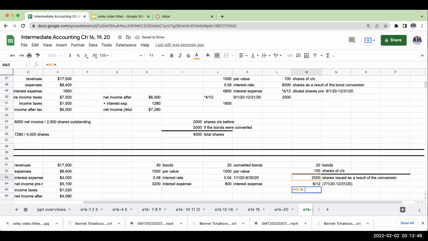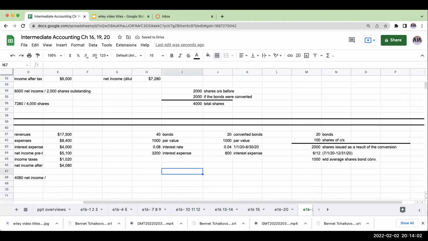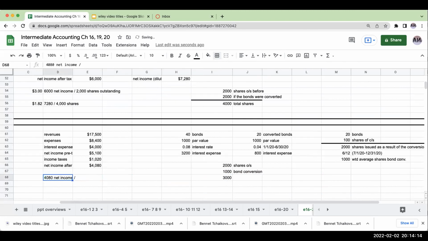So this is going to be 2,000 times 0.5 or 1,000. So in terms of my weighted average shares for basic earnings per share, this is going to be 2,000 plus 1,000 as a result of the bond conversion. So this is going to give me a total of 3,000 shares.